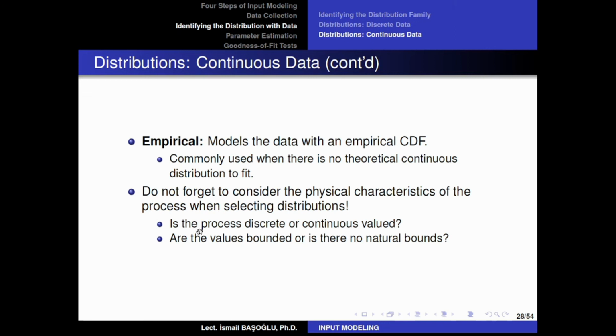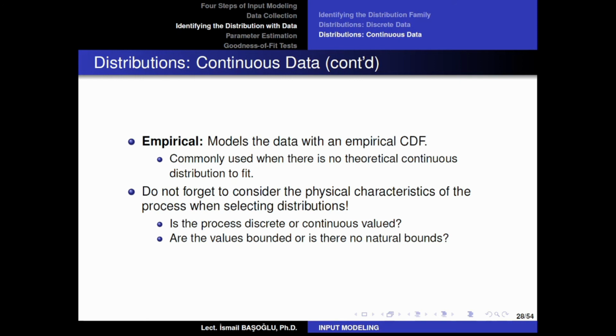Now, you also need to be careful to answer this question. Is the process discrete or continuous? You need to check the data itself, and by looking at the data, you need to define if the process has discrete or continuous values. And also, you need to determine if the values are bounded or not. Is there a natural bound to the values?